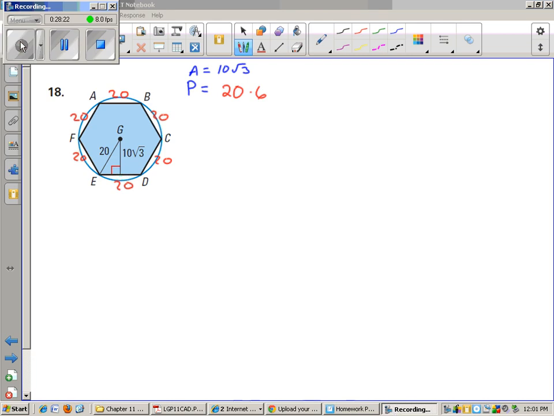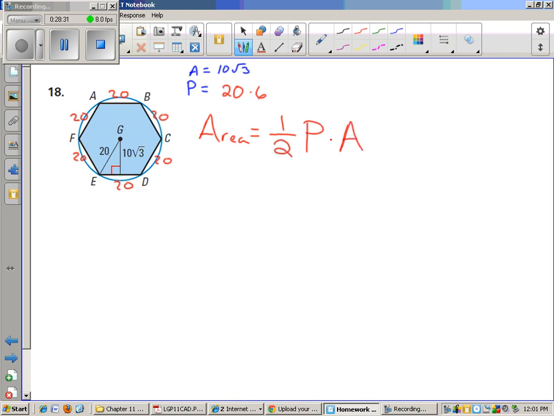Okay, so you've taken a moment to do this, and you found that the area equals 1/2 perimeter times apothem, the area of a polygon. And so that's 1/2, and 20 times 6 was our perimeter, so that's 120 units. And the apothem was 10 root 3.